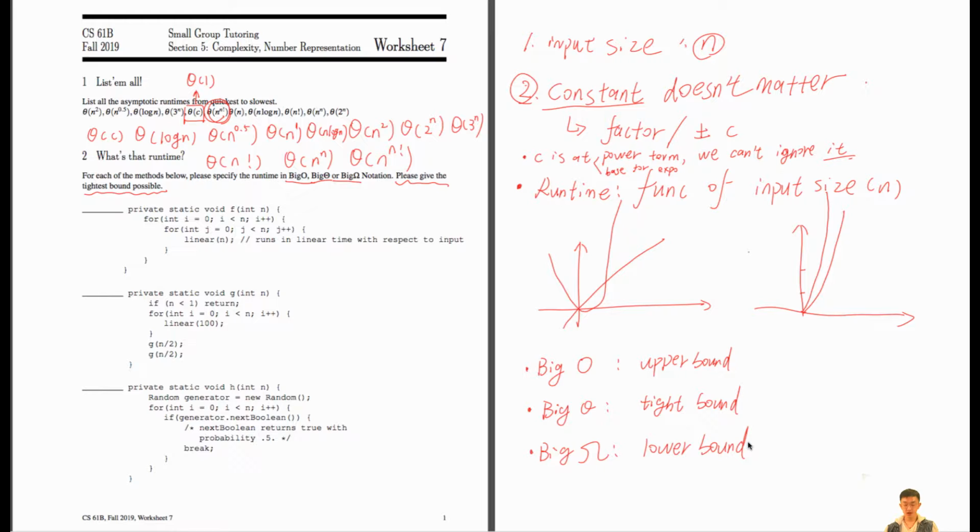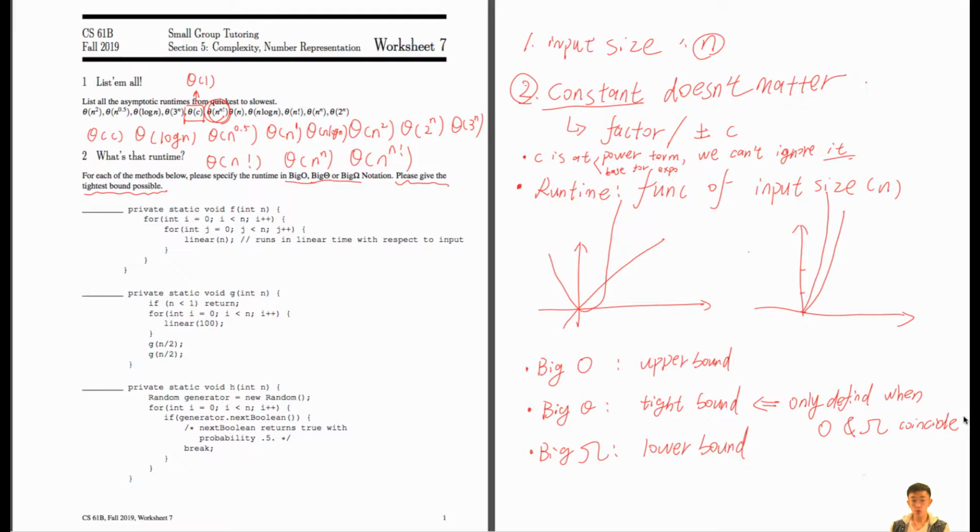One more thing: a big theta is only defined when big O and big omega coincide with each other, which means they have the same runtime term for big O and big omega. We're going to see an example in a bit.